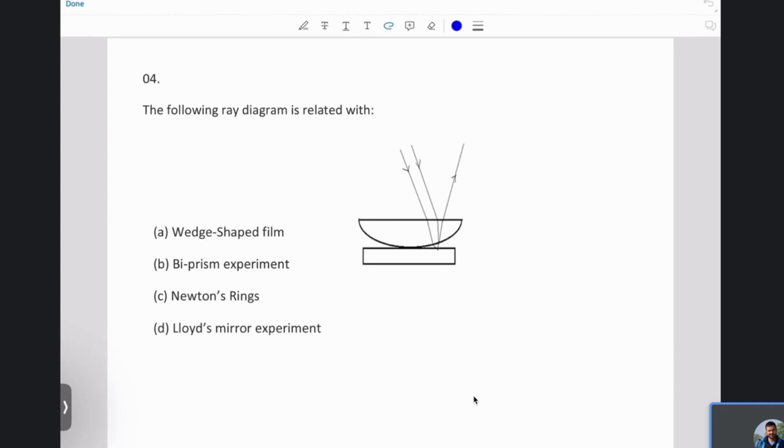Do you know about this figure, this ray diagram? It's a very famous experiment. I just told you about it in the starting. I think you guys had not joined then, but you should know about this experiment. So, which of the options is correct? Anyone?